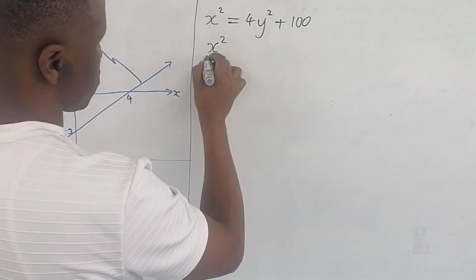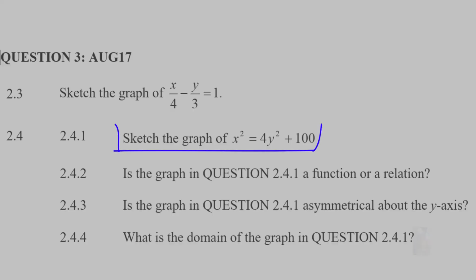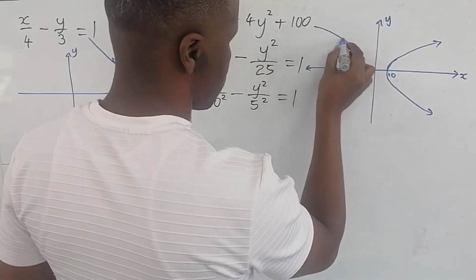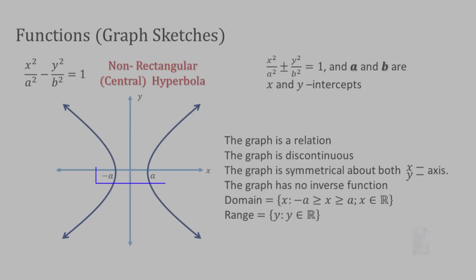In this curve, we will notice that we will not have the y-intercept because it's a central hyperbola. So this is how it will look like. We'll start with the turning point at the x-intercepts, both sides.